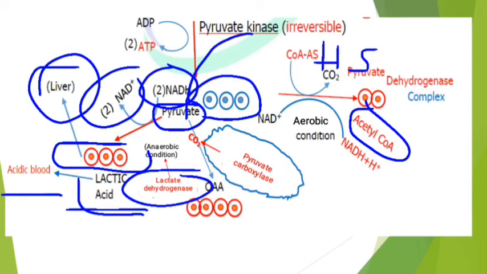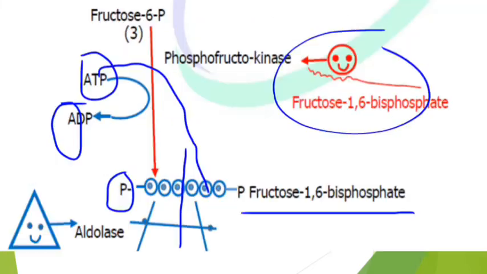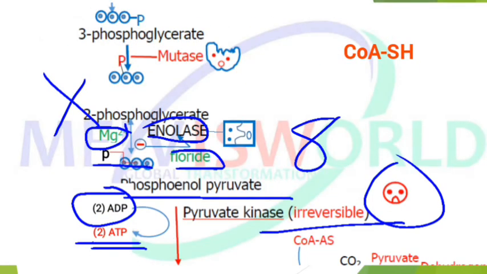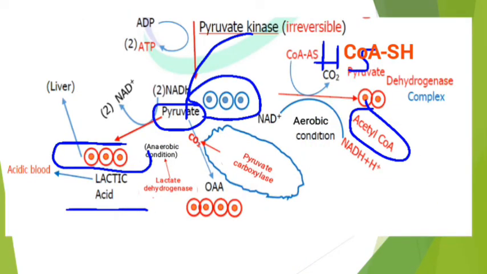Now, here, conversion of pyruvate to acetyl-CoA is an irreversible reaction because a carbon molecule was cleaved off, forming 2.